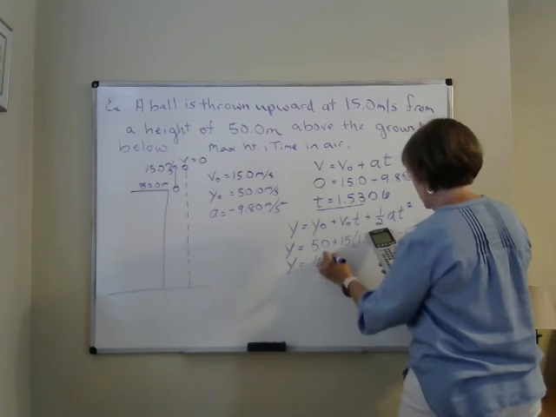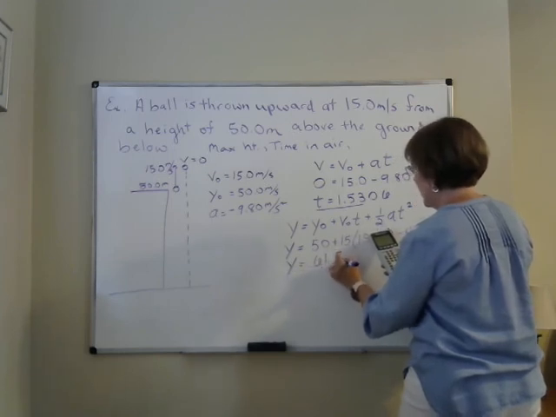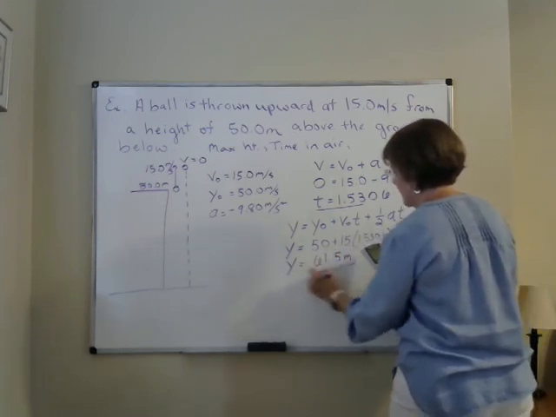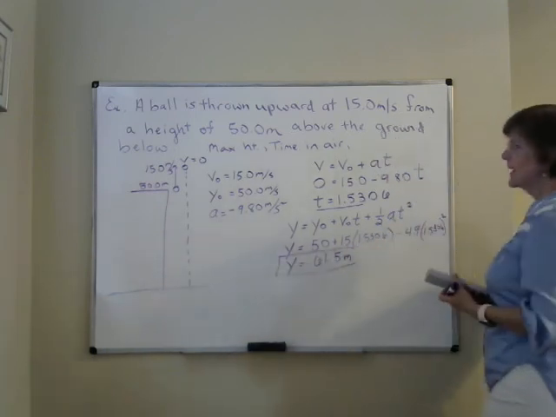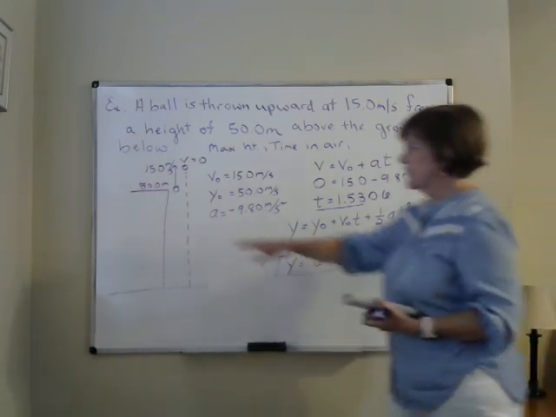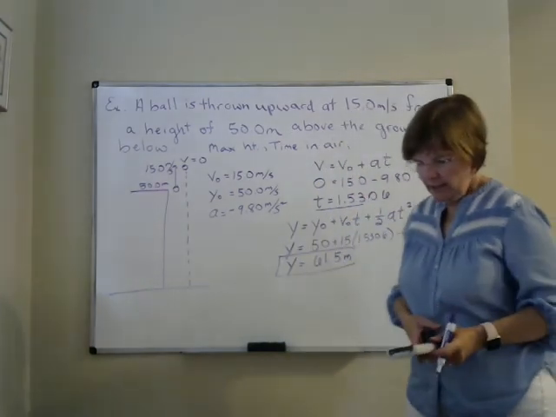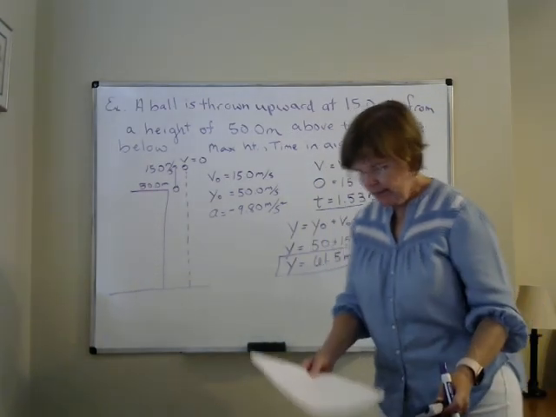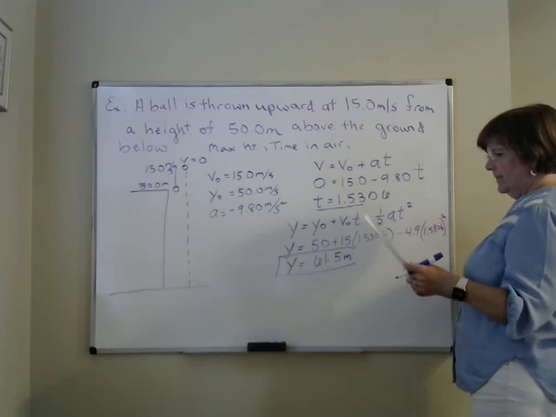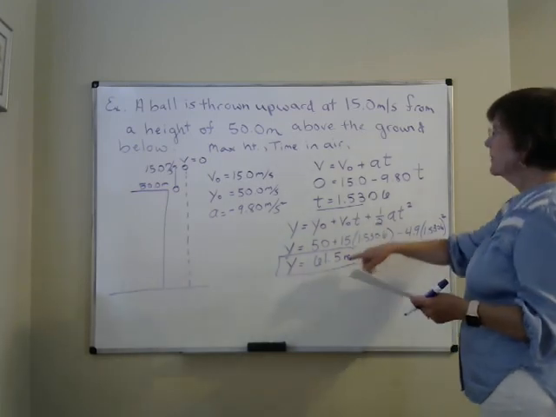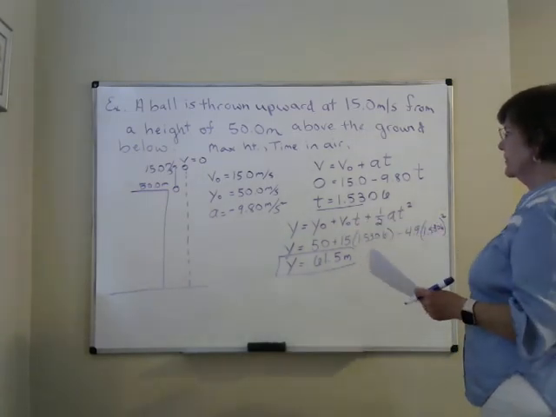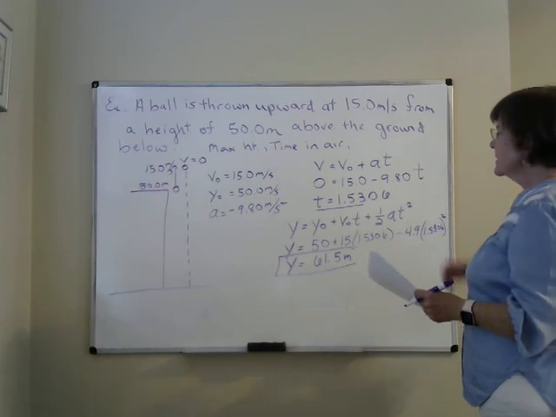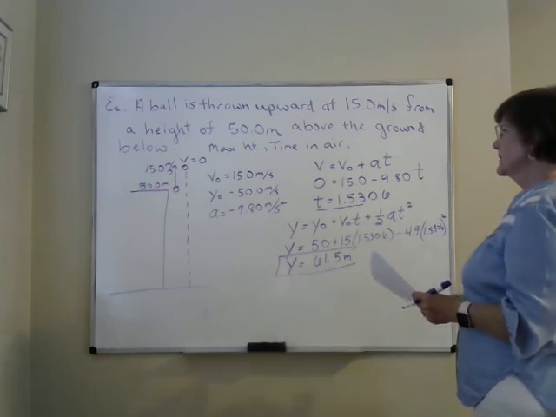I get 61.5 meters. I rounded it. Well, what that tells me is it started at 50 meters, it goes up about 11.5 meters before it turns around and hits the ground. That's one question that I can answer.